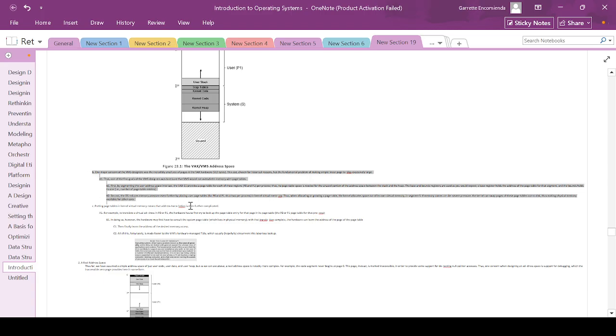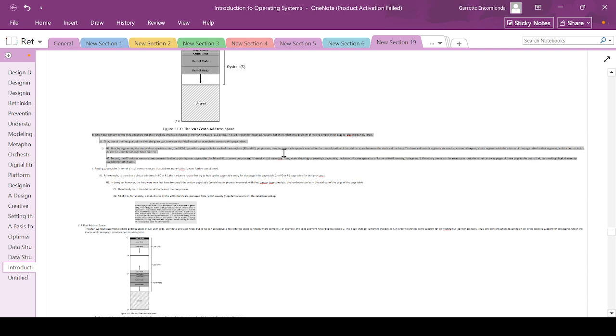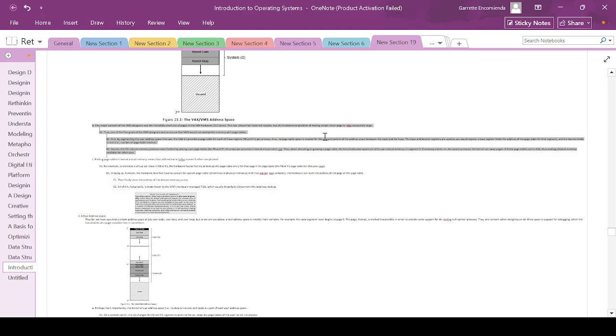One major concern of the VMS designers was the incredibly small size of pages in the VAX hardware, 512 bytes. The size chosen for historical reasons has the fundamental problem of making simple linear page tables excessively large.